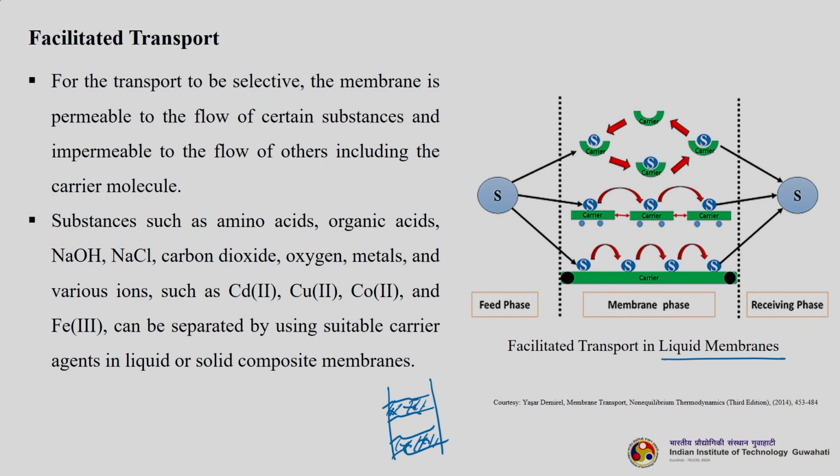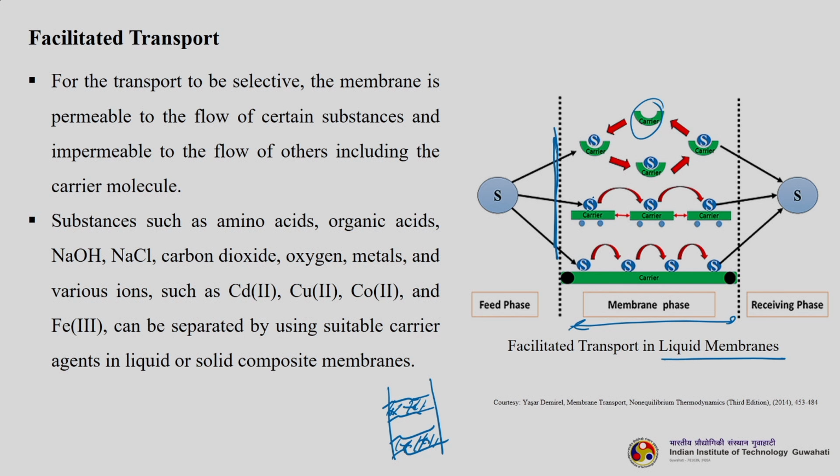You can see how it is happening here. This is the carrier which is impregnated inside the liquid membrane, and this entire region is the membrane phase. The solute that is going to be separated comes to the liquid membrane at the bulk interface, you can say the feed interface. Then it crosses the membrane and gets bound to the carrier.